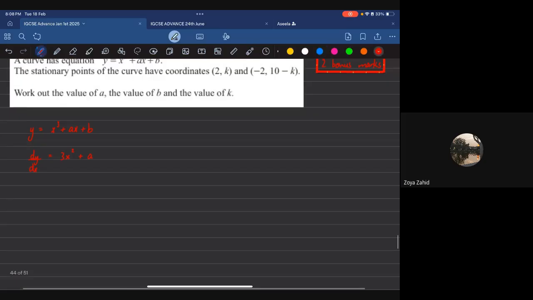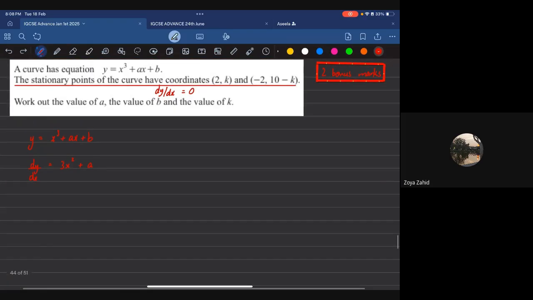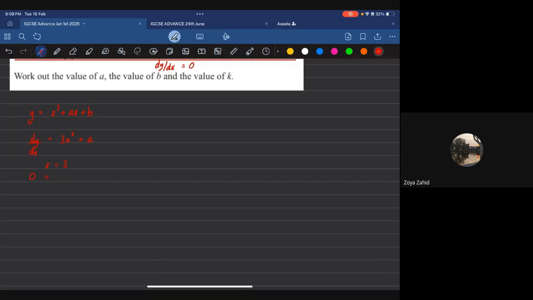Now, one thing is for sure. When x is equal to 2, these are the stationary points of the curve. That means that at these points, the derivative is equal to 0. So, Zoya, what is going to happen now? If I put x is equal to 2 over here, that means my derivative becomes 0.